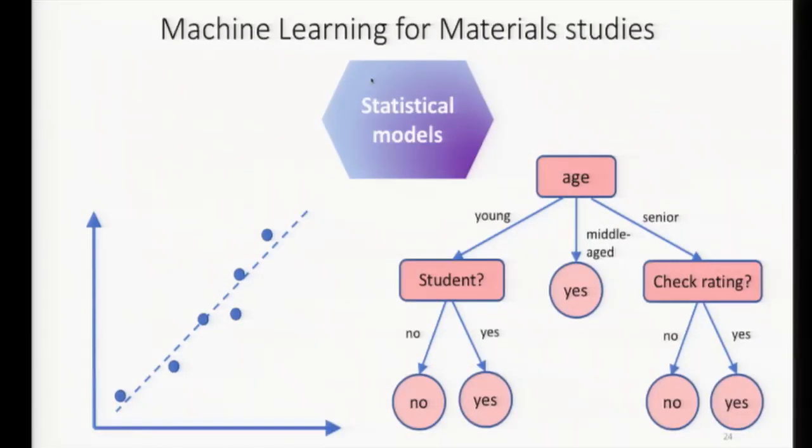So this is for classifying whether someone should get a credit card or not. And these are the descriptors: age, if the person is a student or not, what the credit rating is. And so you can ask, what is the person's age? If they're young, you ask, are they a student? If they're not a student, you don't give them the credit card. If they are, you give them a credit card. And you can also apply this to doing regression.